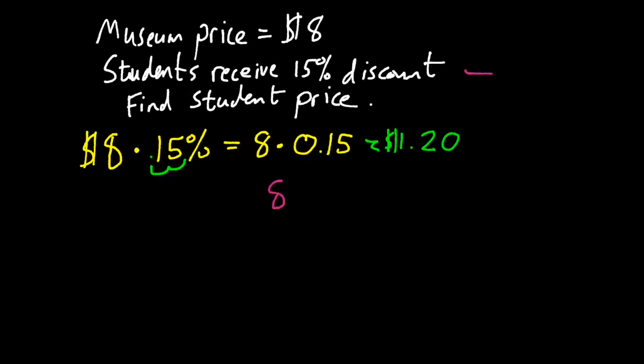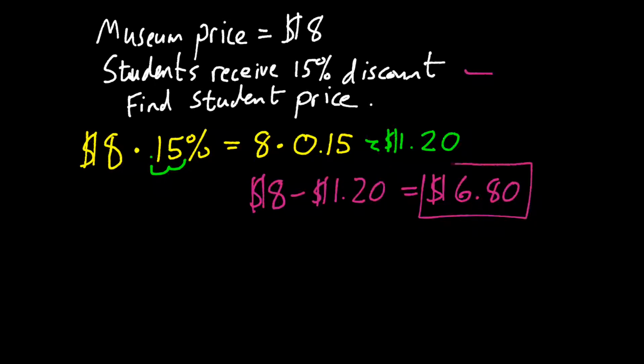So I have $8 minus $1.20, which gives me the student price, and it ends up being $6.80. And this is the student price when the museum original price was $8 and students receive a 15% discount.